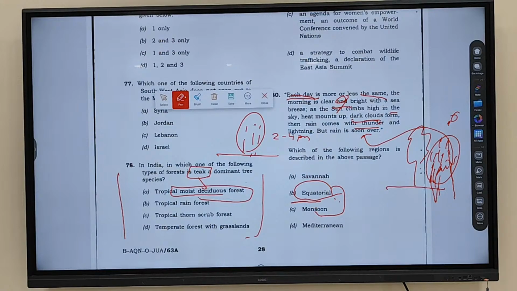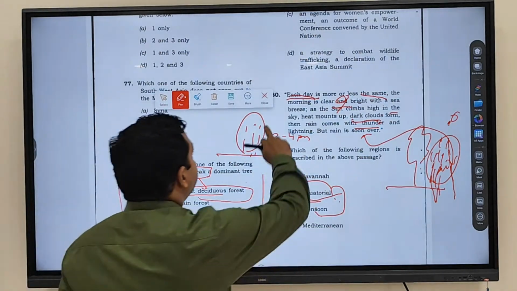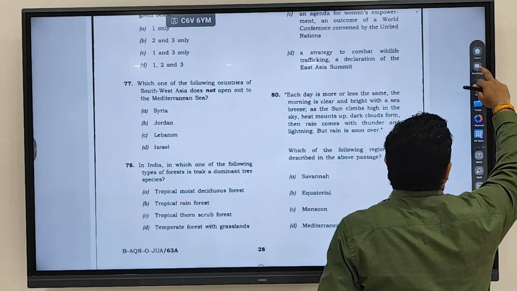This type of question is asked in examinations related to climatic conditions. If you see the last 10-15 years of papers, almost every year you will find questions related to that. Sometimes 2 questions have come related to this part of climatic conditions. The same question you will find also.